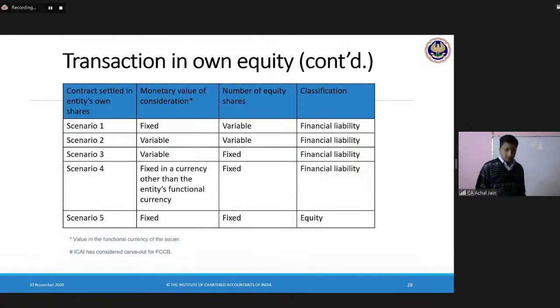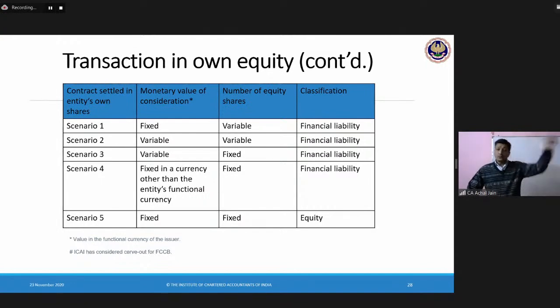If you remember, there was some part of the definition of financial liability which we had skipped. You remember, all of you? The definition of financial liability was not fully covered by us. We covered obligation to pay cash, existence of a contract, unfavorable condition. So this was the part that we had covered.